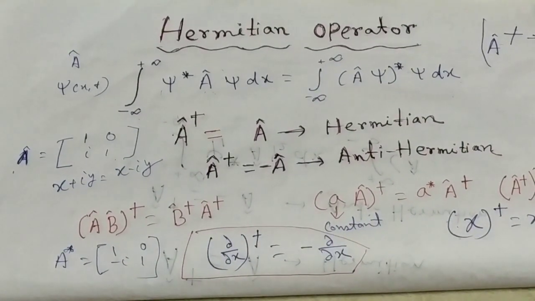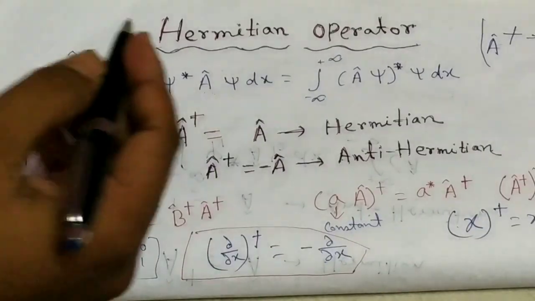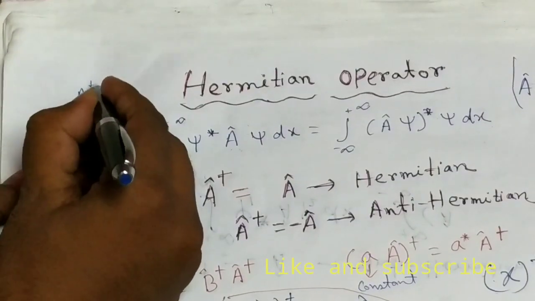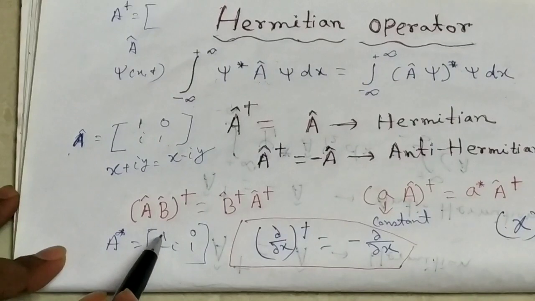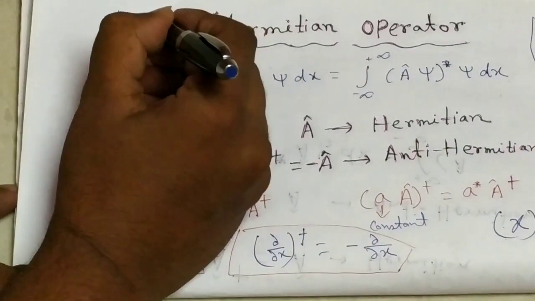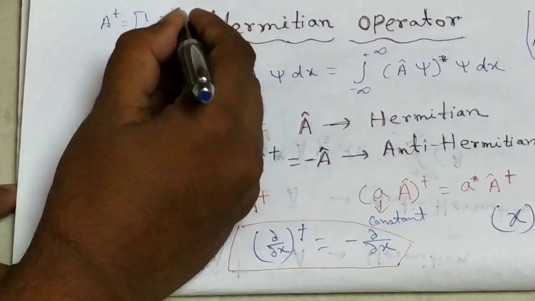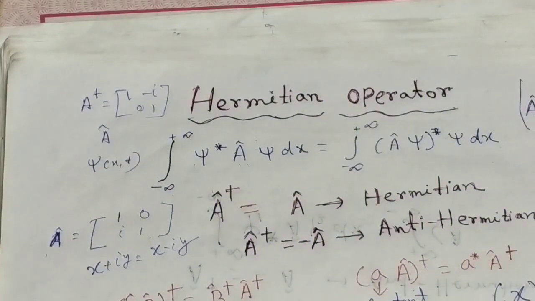Now we calculate the transpose, that means we change rows to columns and columns to rows. Then the Hermitian conjugate A dagger is [1 minus i; 0 1]. That is the Hermitian conjugate.